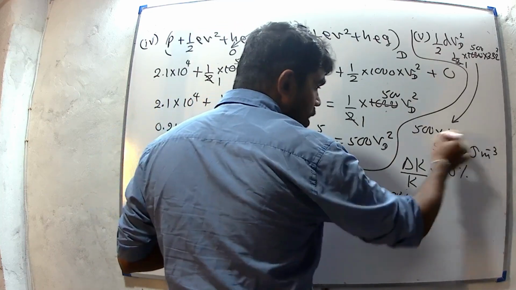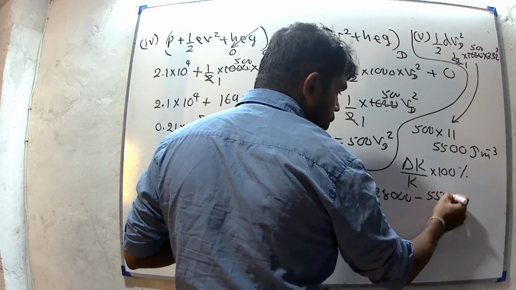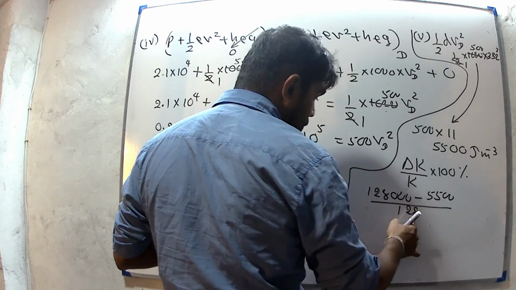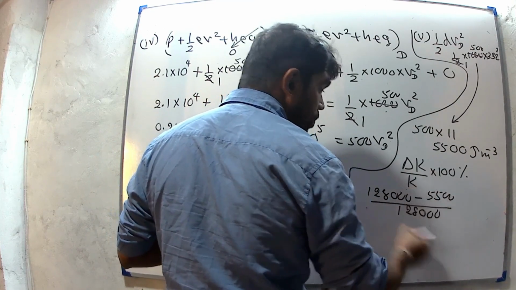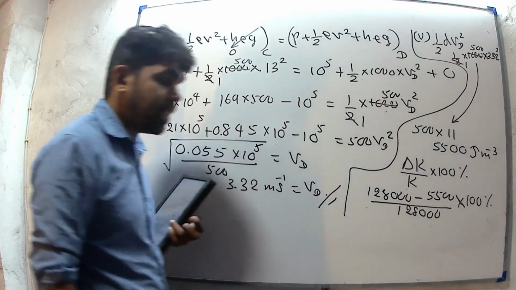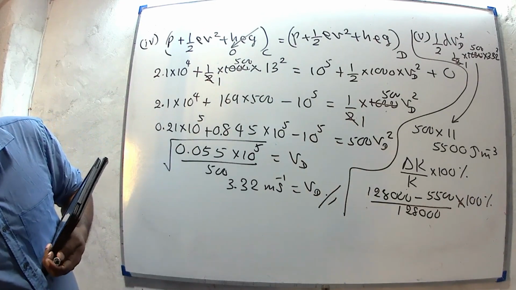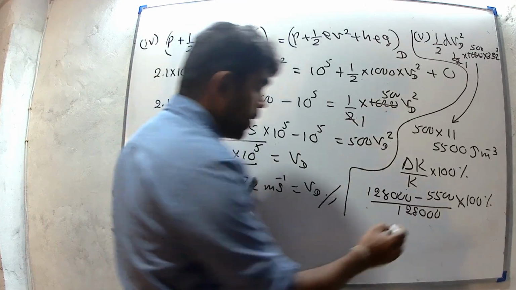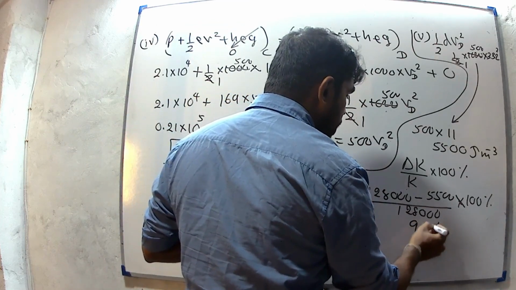We have to subtract this value. Initial value 1.28 into 10 to the power 5. And we have to multiply by 100% to get the percentage. Then you can simplify it and you will obtain 96%.